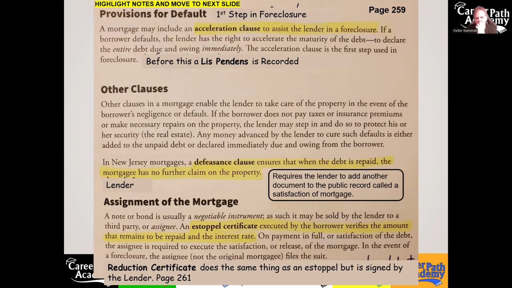It says the reduction certificate does the same thing as an estoppel, but is signed by the lender. And I've got a little cross-reference here to page 261 where they talk about reduction certificates in a couple pages from there. I got it. Okay, everybody good now?